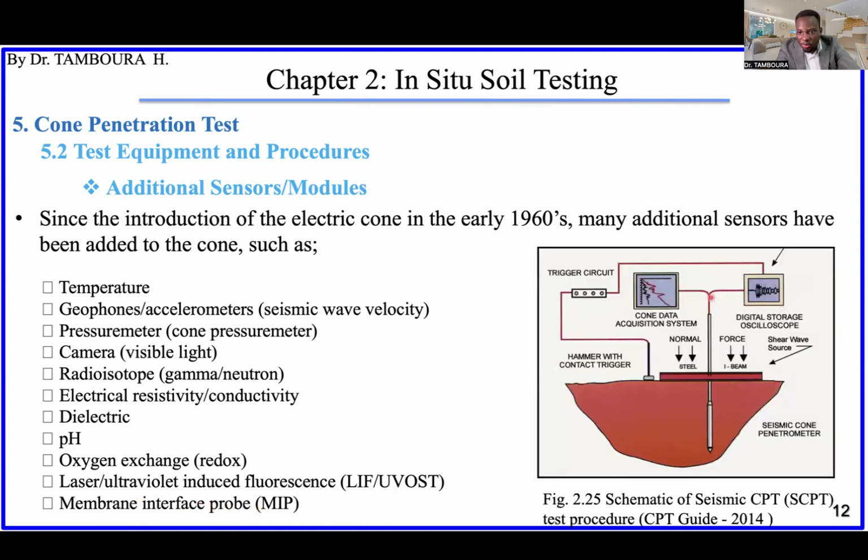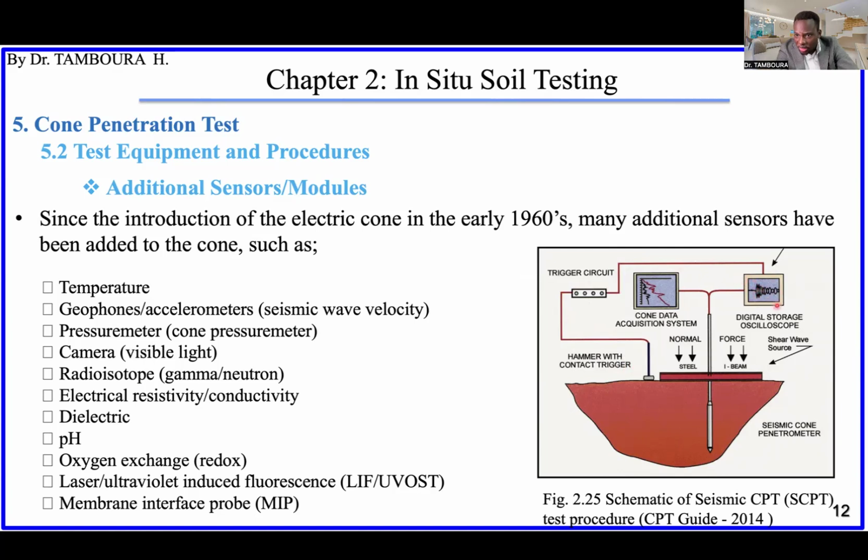Here is an example of the seismic CPT, just an illustration. In this cone, they put a seismic sensor to measure the wave velocity of the soil. You can see here a hammer with contact trigger, and the trigger circuit is here.